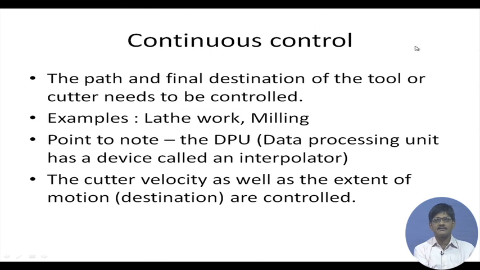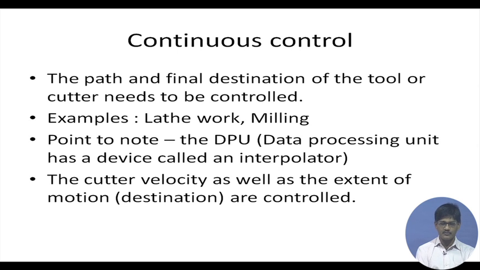Now, in continuous control, what are the salient features then? The path and the final destination of the tool or cutter needs to be controlled. So, we are having control over the final destination, which means the extent of motion, and also we have to control the path of the tool.